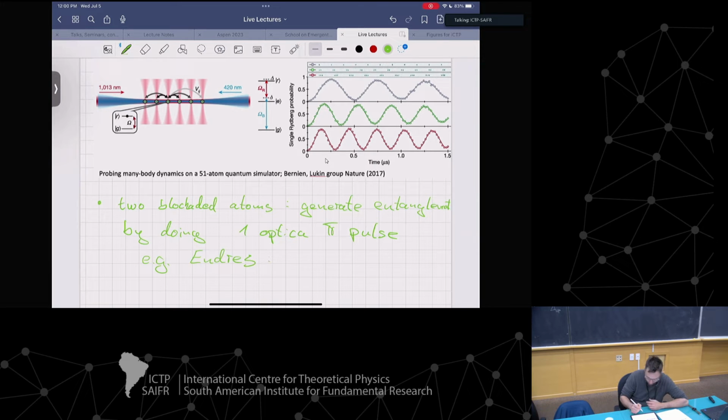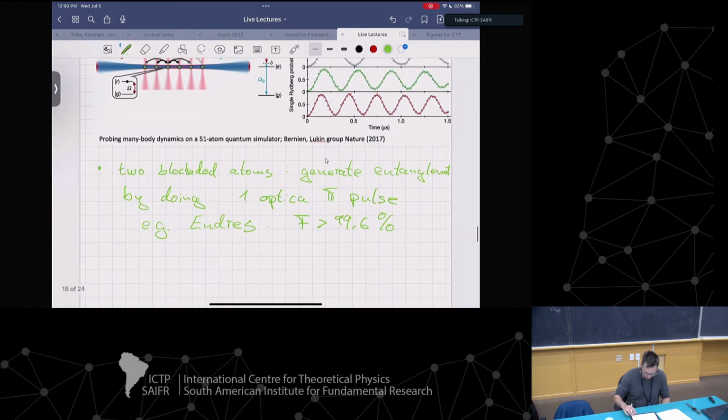It's not so difficult to make entanglement like that, but making really good entanglement, there are a lot of small details, and they have gotten fidelities larger than 99, I don't know what it is, 0.6%. Pretty high. So this simple energy shift, this simple Rydberg blockade can be a source of entanglement. Great.